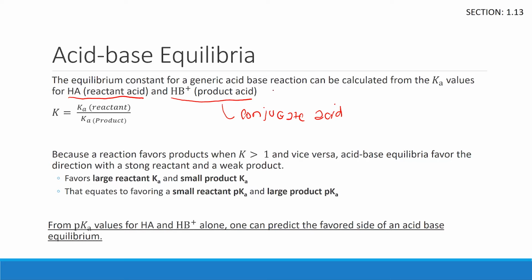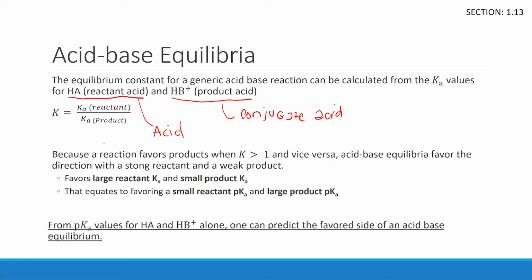Remember, the acid reacts with a base, and the acid makes a conjugate base, and the base makes a conjugate acid. So we're going to look at the Ka of the original acid and the conjugate acid and compare them. So the Ka of the reactant acid over the Ka of the product conjugate acid, we're going to compare them to get an equilibrium constant.